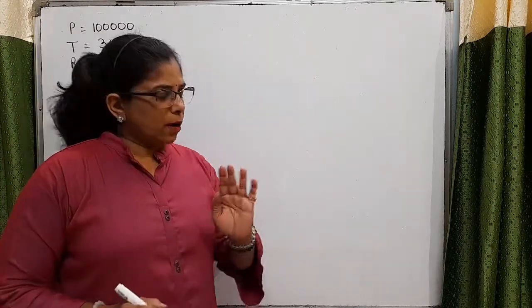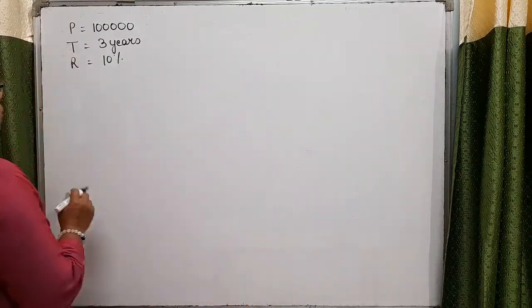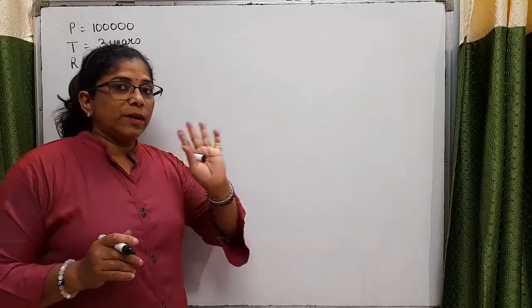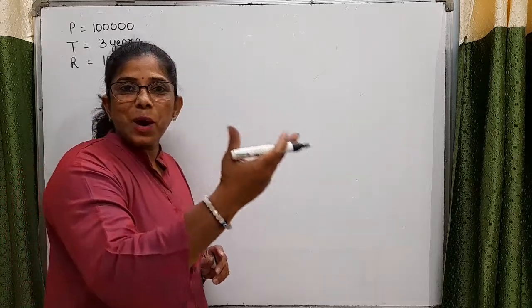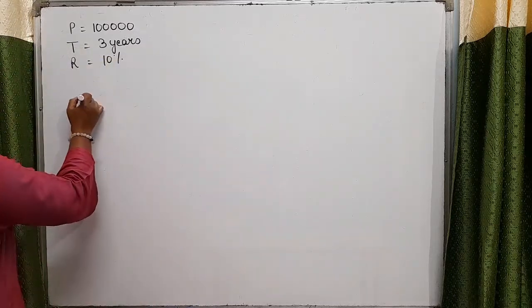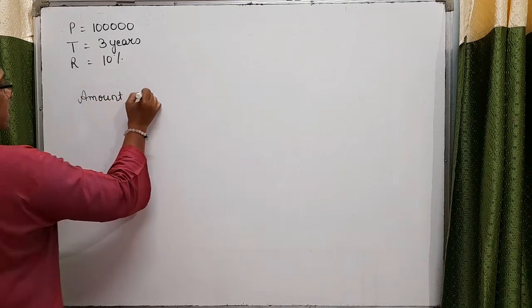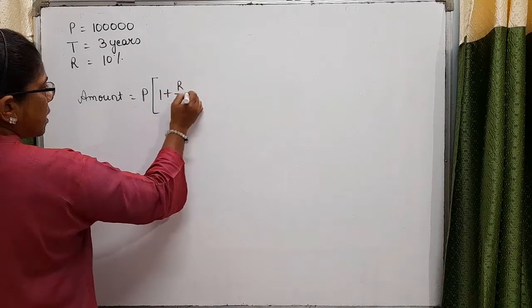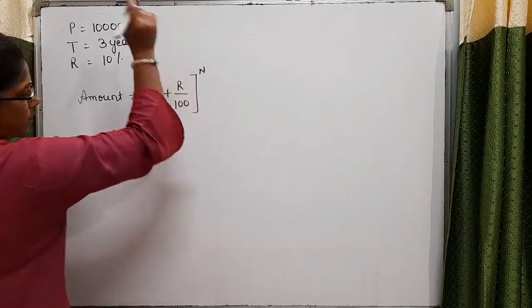As I said, we have a simple formula to find compound interest. So what's that formula? In compound interest, we don't have a formula to find the interest. We have the formula where we get the direct amount. So here, amount is equal to P into 1 plus R upon 100 to the power of n.